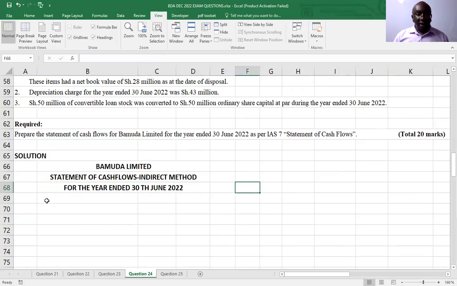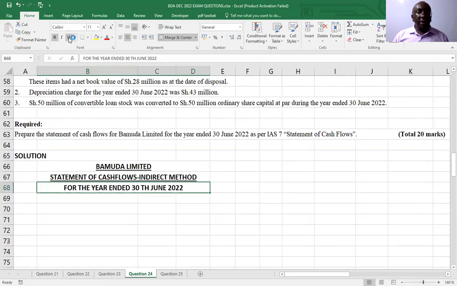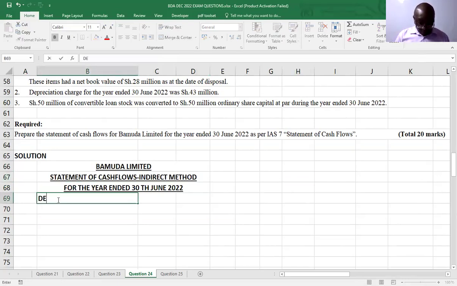So we can underline if you wish. You can also underline this one. Not a must, but if you wish, it breaks no bone. Then here we have details.